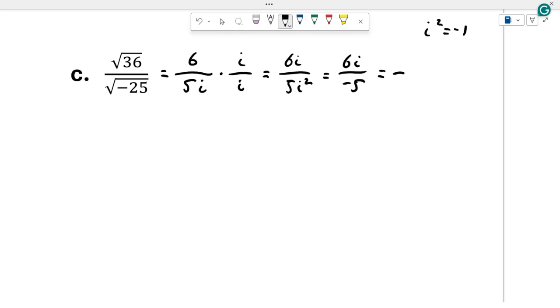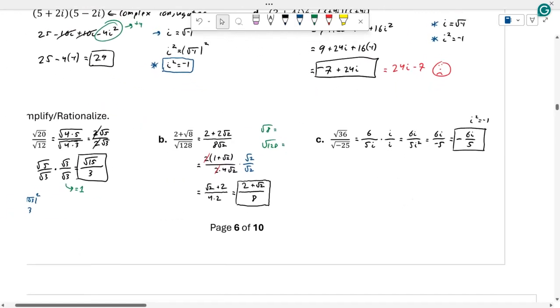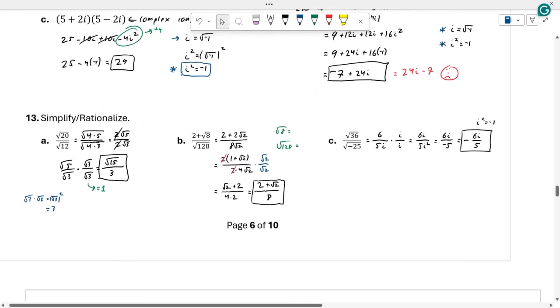Because this is true: if the numerator and denominator are one positive and one negative, it doesn't matter which one's which, because that's actually equivalent. Just pull the negative out and make the whole thing negative. So our answer is -6i over 5. That's our final answer. And these are all of our final answers for question 13.